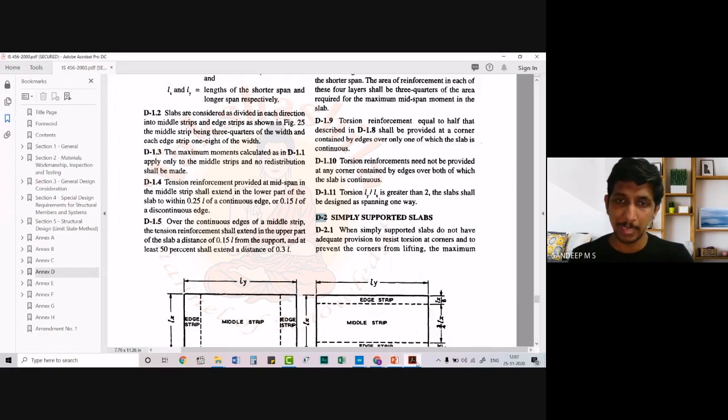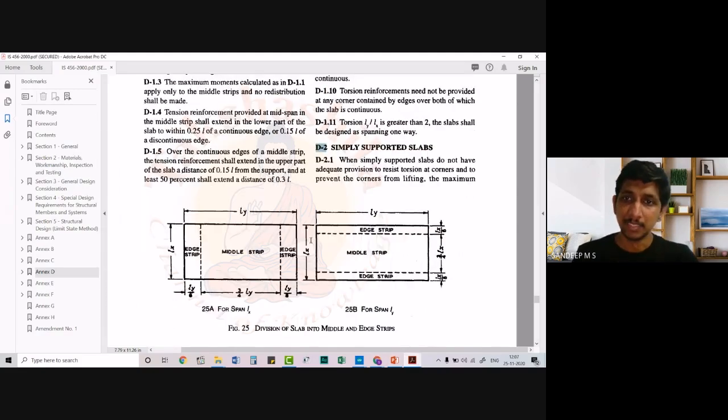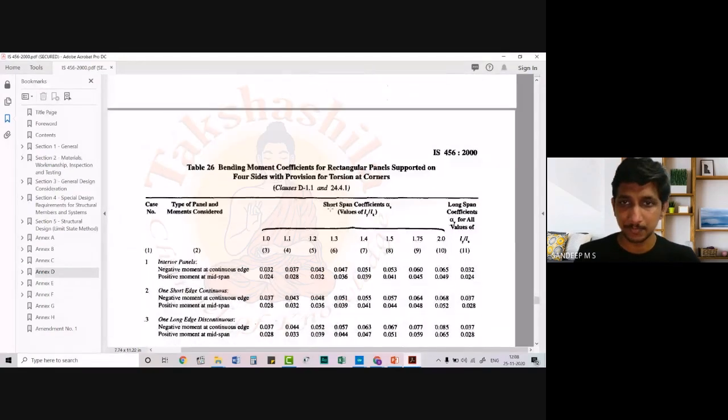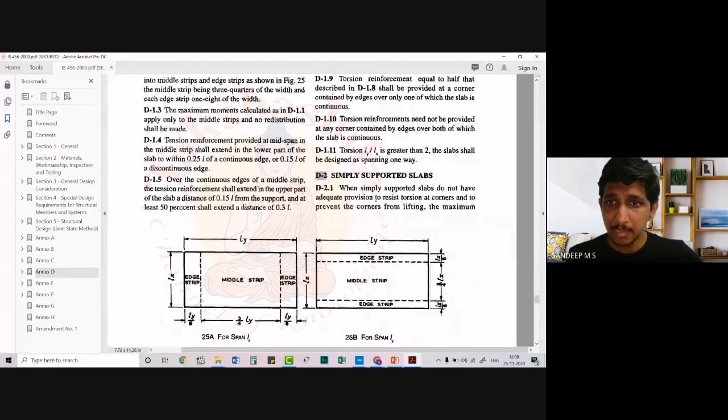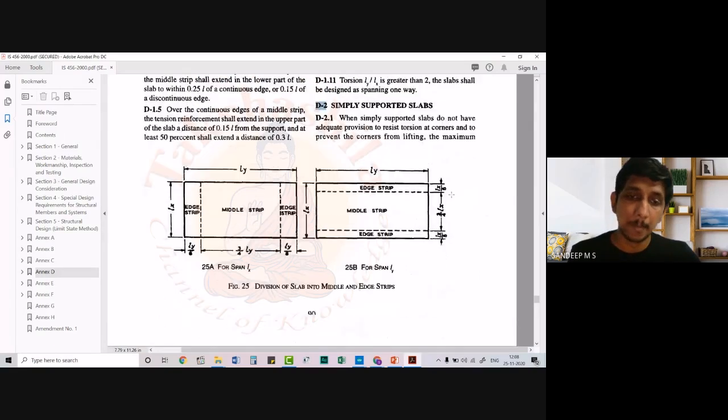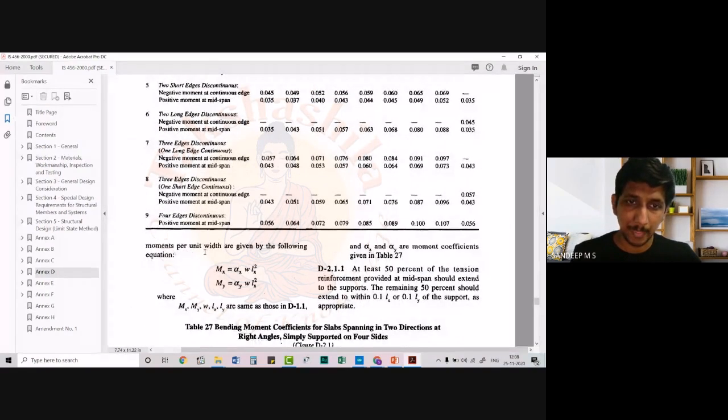If you come back to the code, you can see here, in the case of simply supported slabs, what is given. When simply supported slabs do not have adequate provision to resist torsion at the corner, that is, they are free to rotate, and to prevent the corner from lifting, the maximum moment per unit width is given by the following equations.